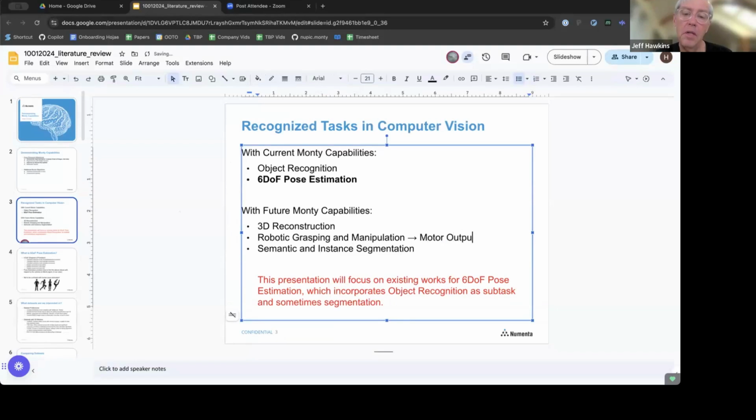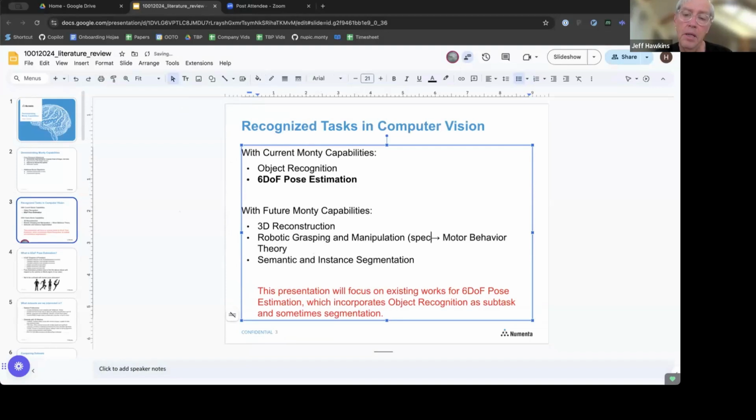So we need to generate a general theory of motor behavior in a sensorimotor learning system. Yeah. And then we can implement that theory in different ways. One might be robotic grasping and manipulation. But we don't want to go there first. We need this general theory. Yeah. Agreed.